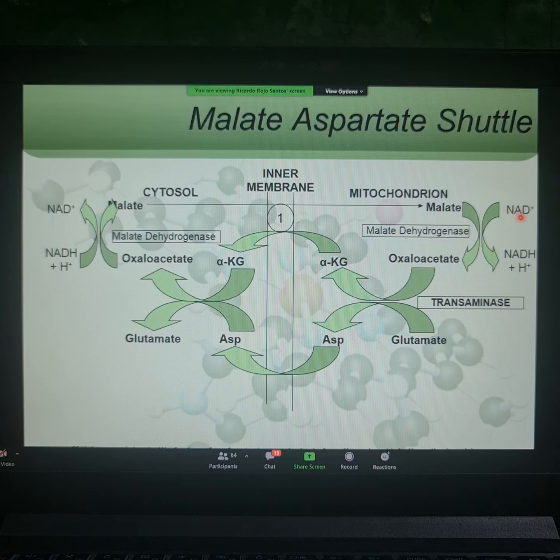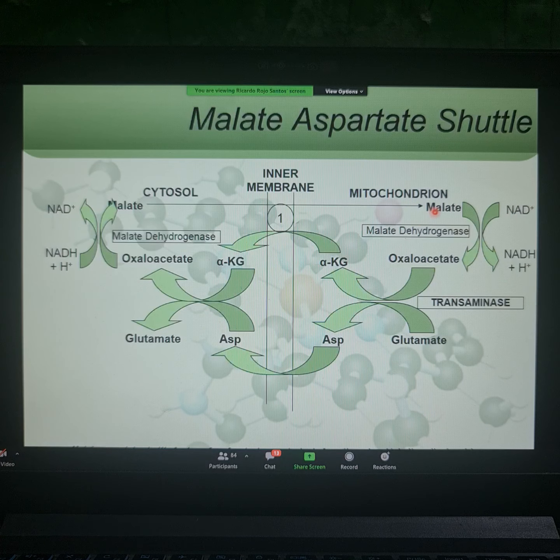It will react with oxidized NAD in the presence of mitochondrial malate dehydrogenase. Look at that. There are two such enzymes, one present in the cytosol, the other present in the mitochondria. And so what will happen? Malate will transfer electrons to NAD.